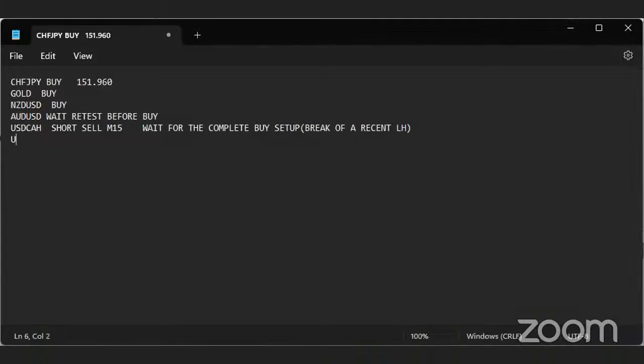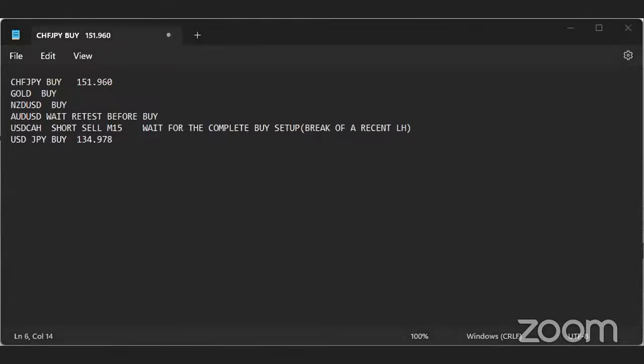USD JPY is good for an instant buy, and the buy is around 134.978. We are not going to have the same entry, but since we are buying in the same trade, we are all going to make money. That is around the time where I just entered my buy, right? So USD JPY, good for buy.